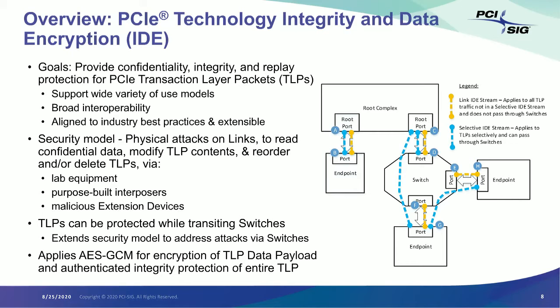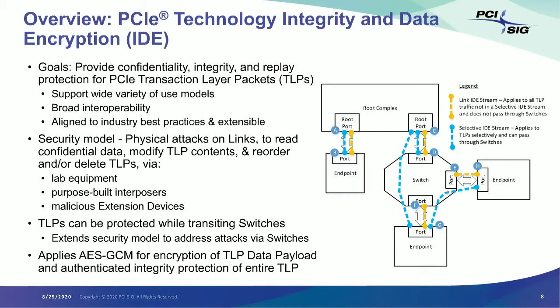The fact that with selective IDE, we can also protect TLPs while they're going through switches is interesting in a variety of ways. One of the things is that it actually gets you out of some extra cryptographic work. Because if you're going hop by hop, like if you have a switch, and this is illustrated in the yellow link connections that are coming off of that switch, you could send traffic over those links, but then the switch has to unwrap it, if you will, and then wrap it back up again at the egress port.